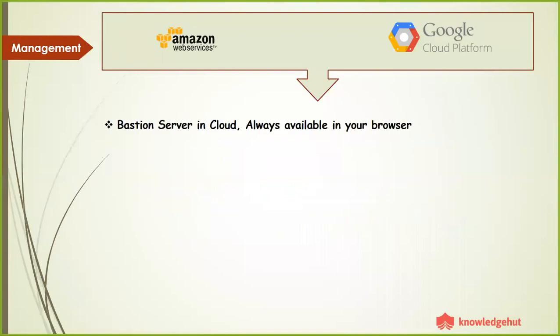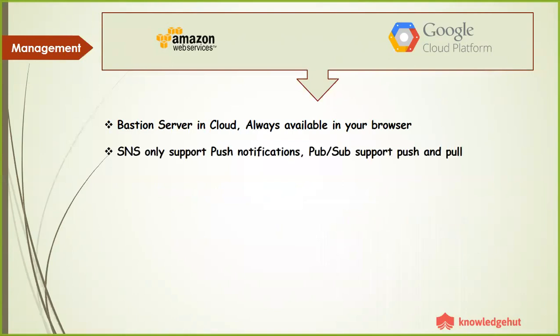So the management. There is a Bastion server in the cloud always available in your browser provided by Google. That's really a good thing. Amazon doesn't have any such thing. And SNS, which is Simple Notification Service by Amazon, only supports push notification, while the same category offering from Google named PubSub supports push as well as pull.